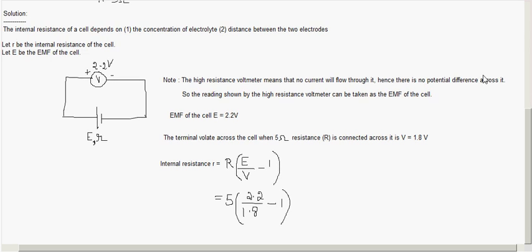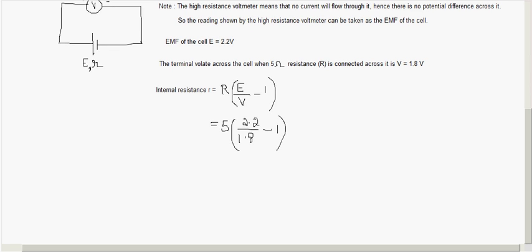Now let us calculate the value of this. This is equal to 5 into, taking the common denominator, 2.2 minus 1.8, that is 0.4, divided by 1.8. Now 5 fours are 20, so this is 2 divided by 1.8, or it's equal to 10 by 9 ohm.